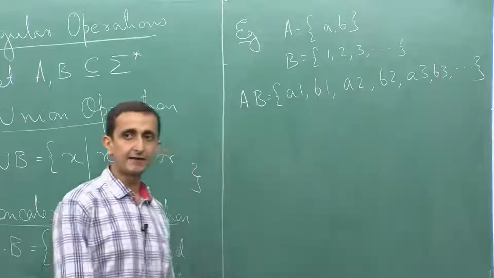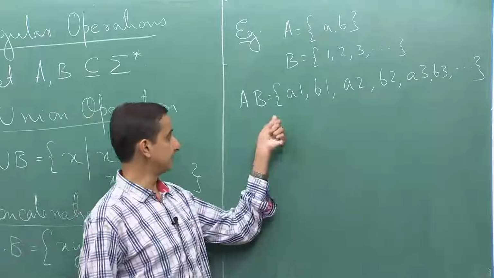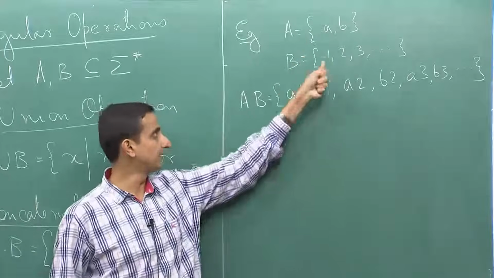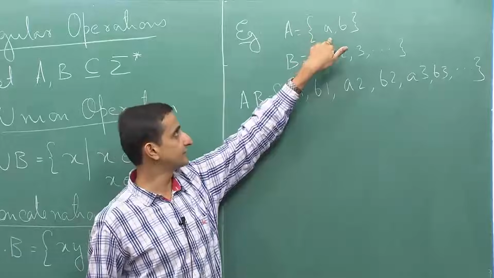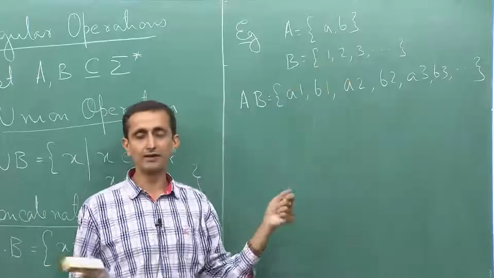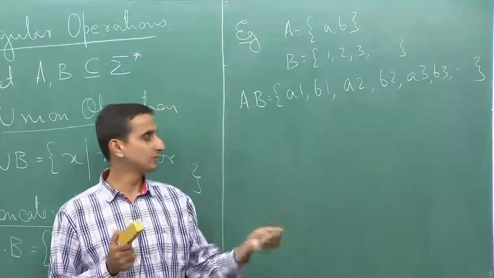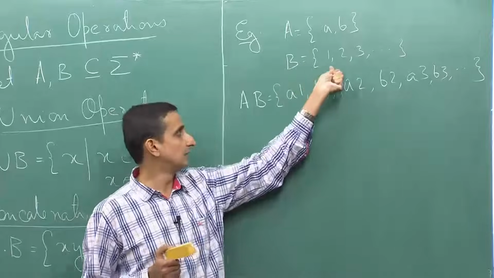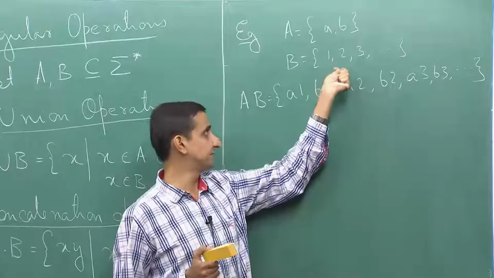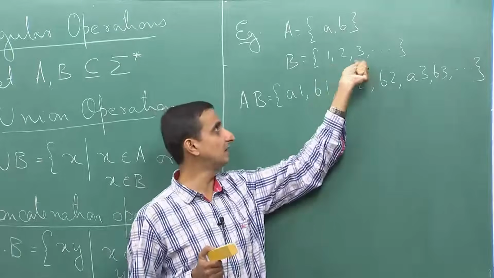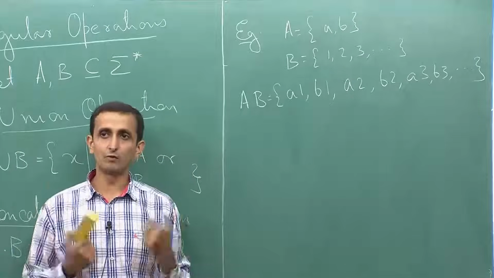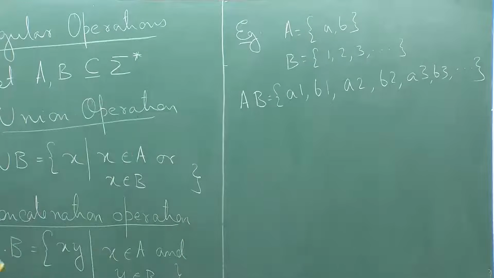Okay. So, this is an infinite language which consists of all those strings that we get by taking one string from A and one string from B and concatenating them. Okay. So, here I have taken A and B as languages which have strings consisting of a single symbol, but in general they can have more than one symbol as well. Okay.